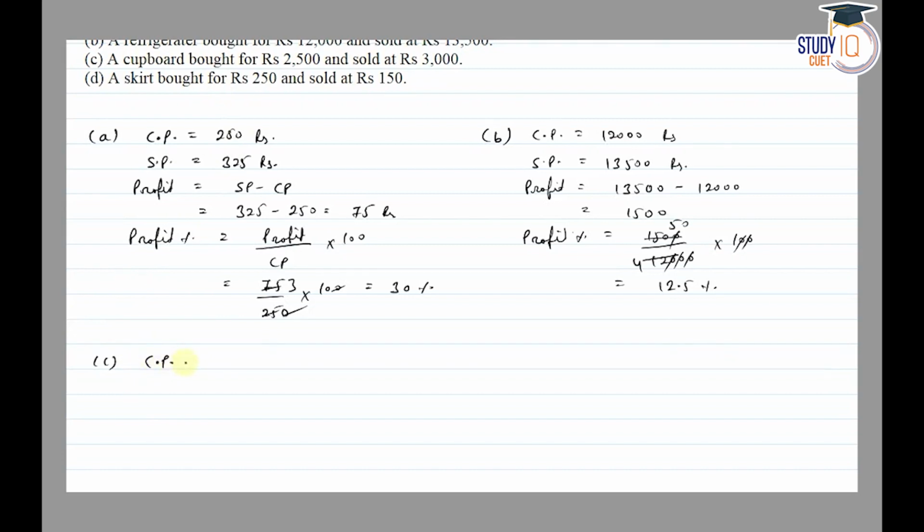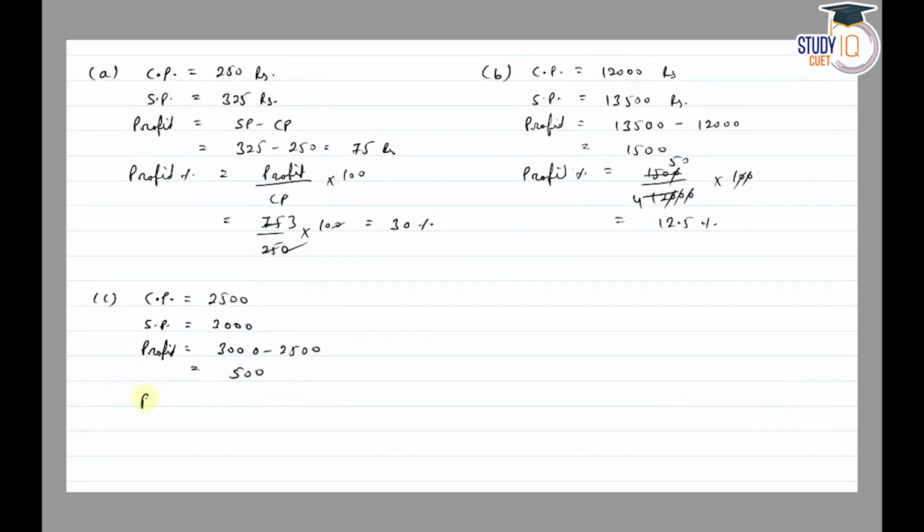So cost price CP is equal to 2,500 and selling price is 3,000. Obviously there is a profit here. Profit is equal to 3,000 minus 2,500 is equal to 500, and profit percent is equal to profit upon cost price into 100.